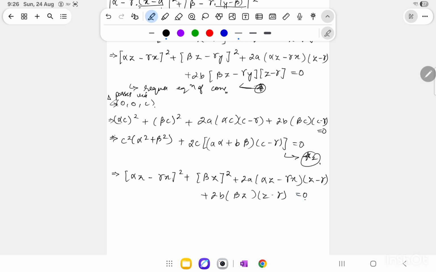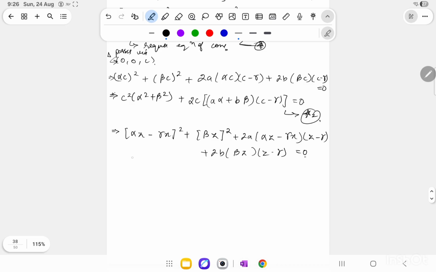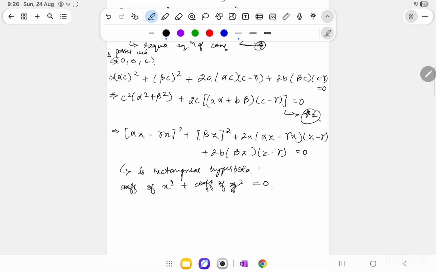This is the section of the cone with respect to y equals 0. It says that this is a rectangular hyperbola. If it is a rectangular hyperbola, then the coefficient of x square plus the coefficient of z square equals 0, in the xz plane, because we have already put y equals 0.